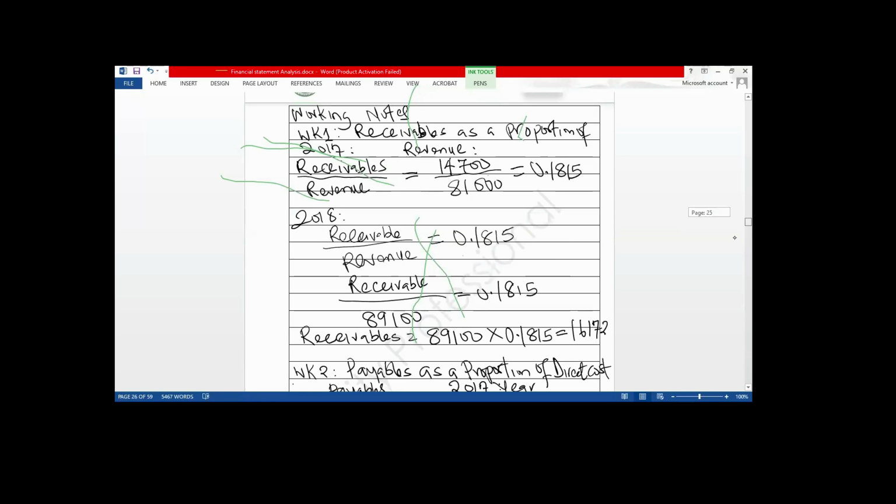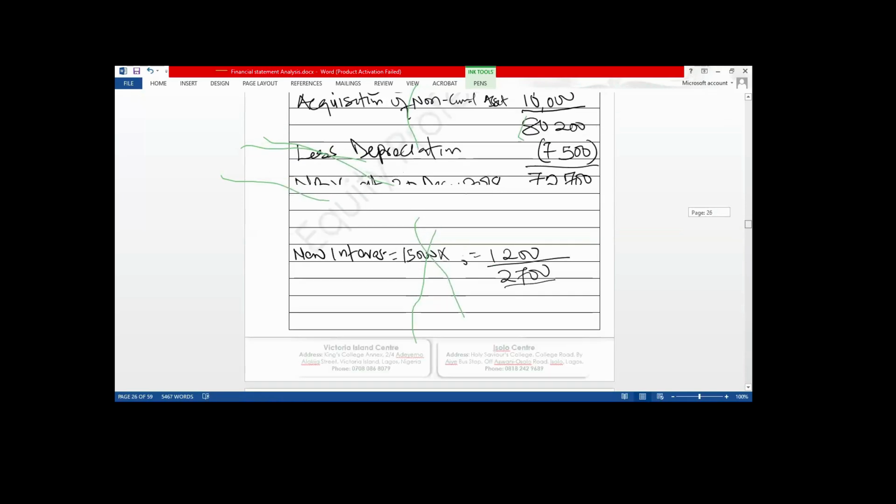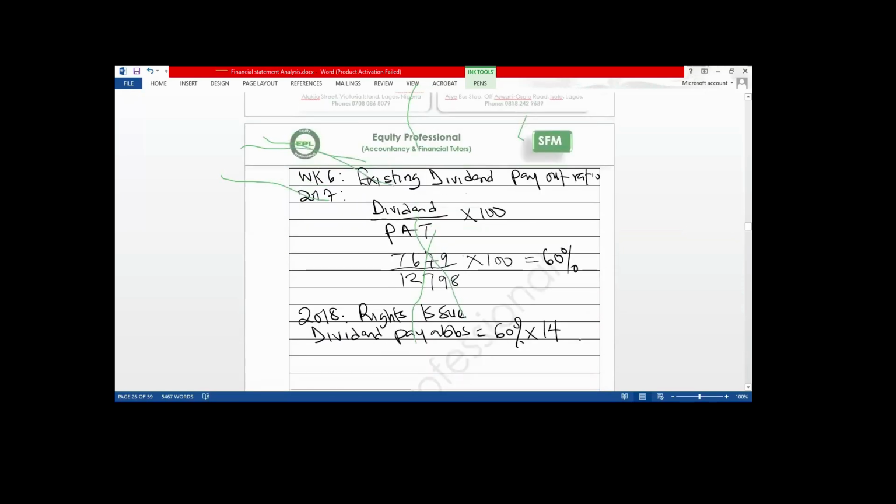Please compute 60% of 14,893. The correct answer is 8,936, not 8,903.